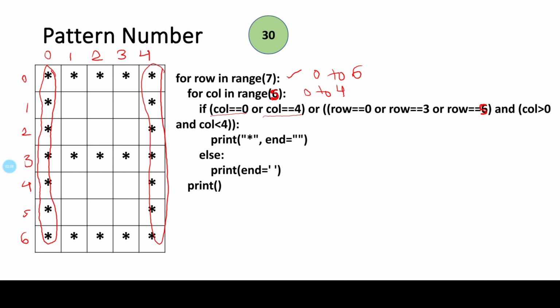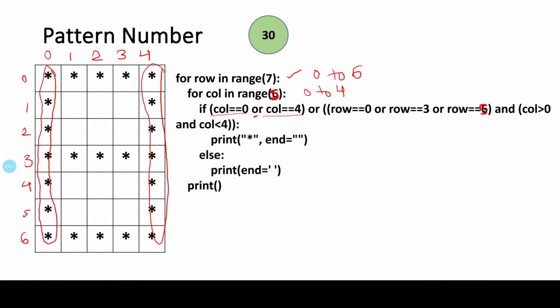So at this time we are tackling these two columns, means these stars. We need stars when the column is 0 and the column is 4, so we have kept here an OR condition. On both the columns we shall be getting the stars, right?